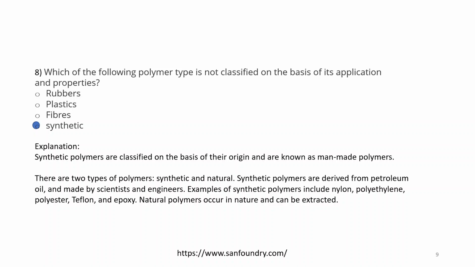There are two types of polymers, synthetic and natural. Synthetic polymers are derived from petroleum oil and made by scientists and engineers. Examples include nylon, polyethylene, polyester, Teflon and epoxy. Natural polymers occur in nature and can be extracted.